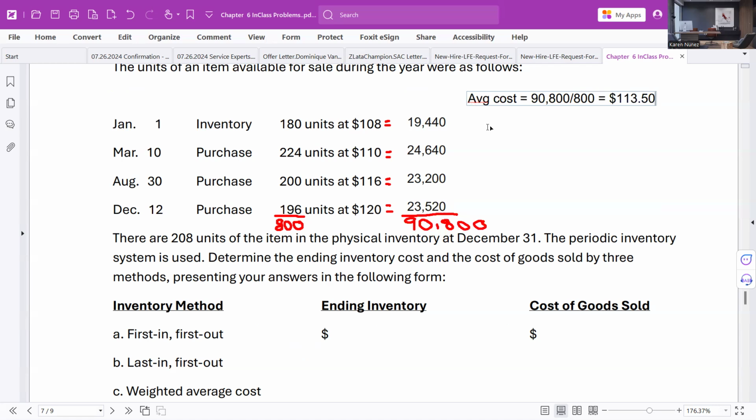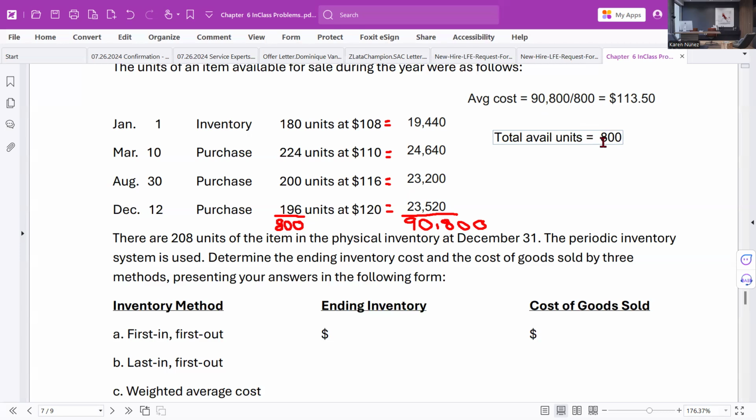So what we know here is that we have total available units of 800.